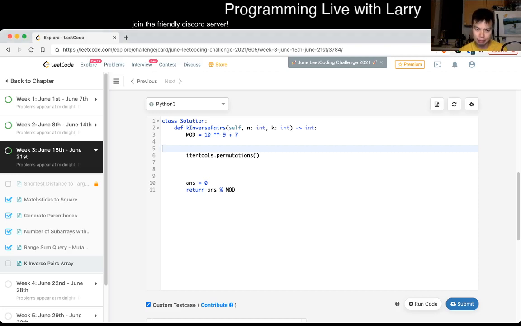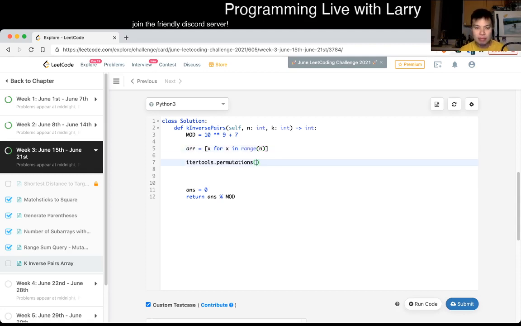So okay, how are we running a brute force? Let's just see. For a permutation array, I think that works.